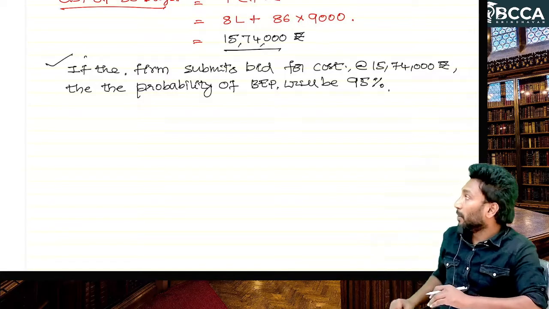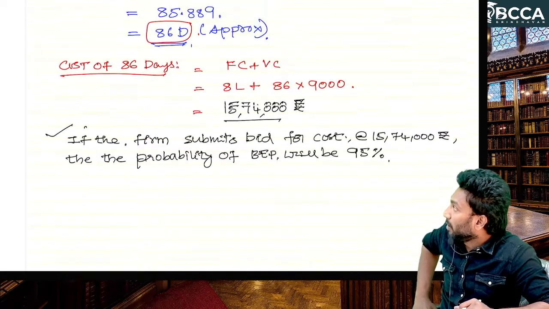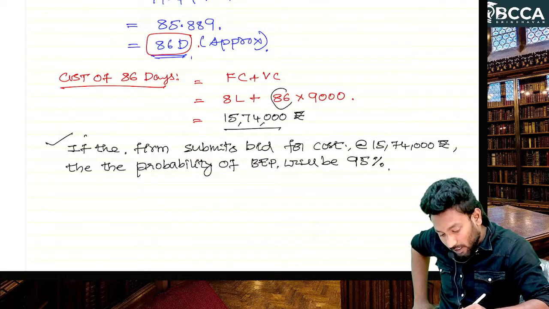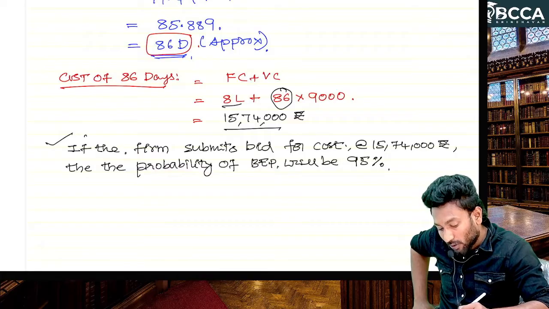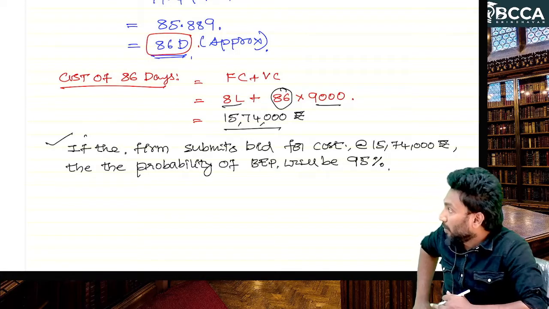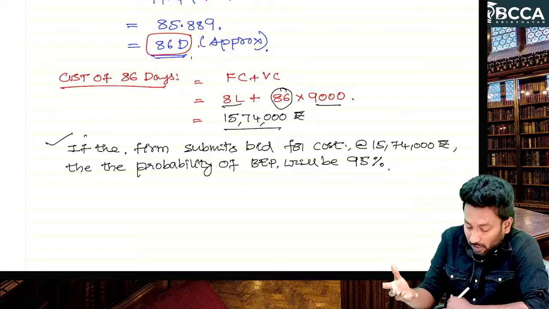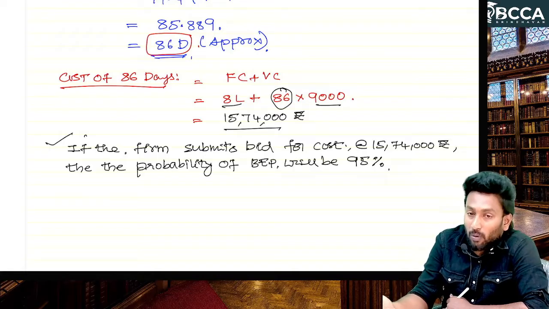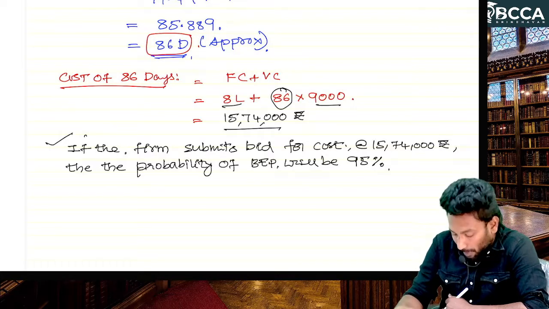With 95% of probability we can complete the project within 86 days. For these 86 days our total cost is 15 lakh 74,000. If you submit the bid at this amount of cost, you will get no profit, no loss. That's it.